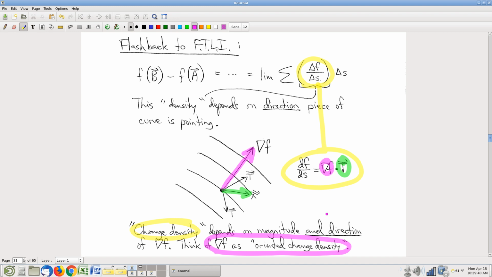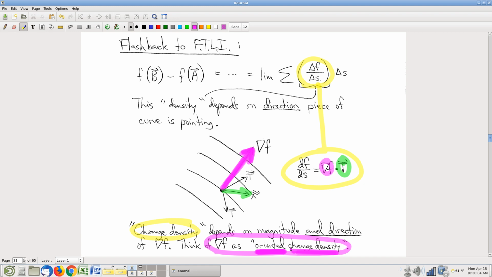It is telling you a density, but only the density in that direction, and it's also telling you what that direction is by virtue of the fact that this is a vector, not a scalar. It's giving you how much change per unit distance and in what direction that change is happening.